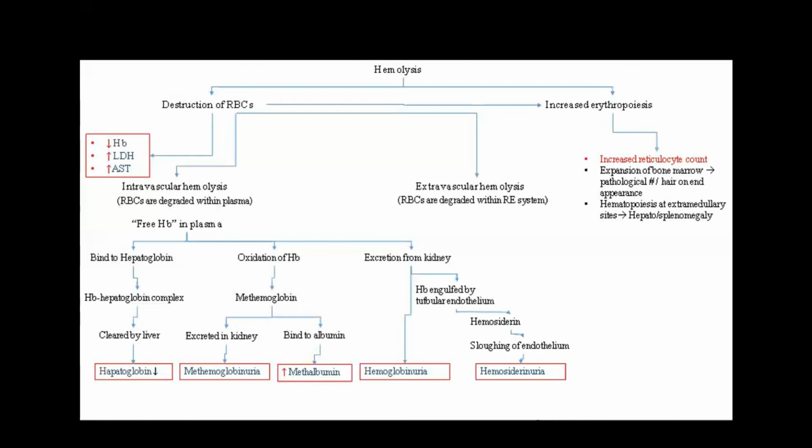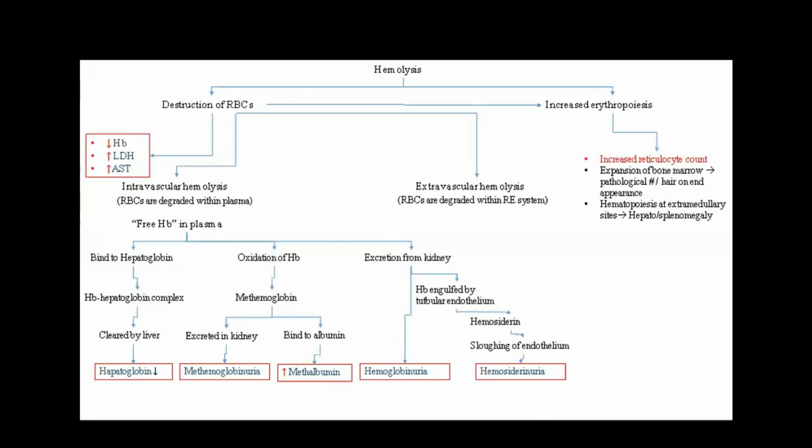This is how intravascular hemolysis occurs, and these are the investigations that can be done to ascertain it. If you ask which is most specific, you will answer hemoglobinuria. So in intravascular hemolysis, there is free hemoglobin; it will bind to the haptoglobin, which means haptoglobin will decrease. Then on oxidation, it will be converted into methemoglobin.